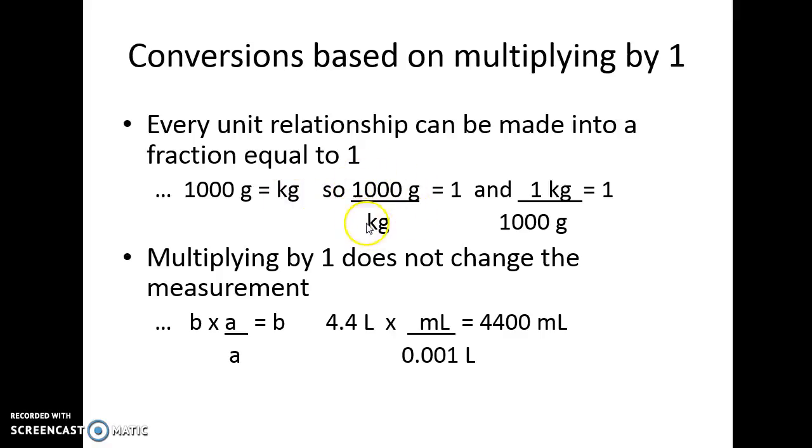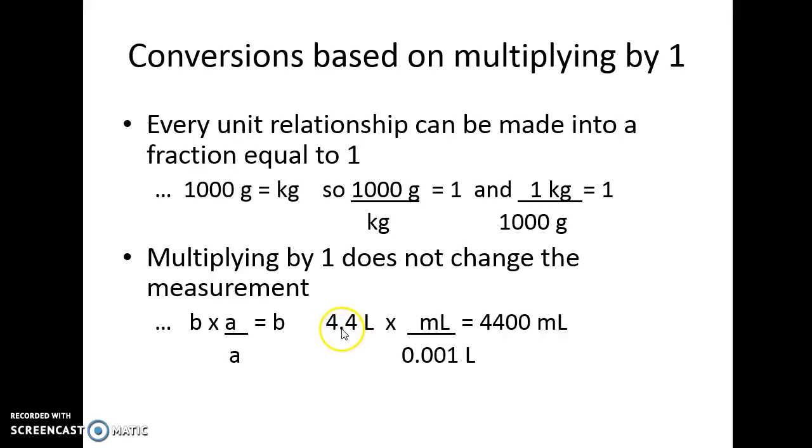Sometimes, though, we don't want it in this fashion, but we want it flipped. And we're allowed to flip it because 1 is equal to 1 divided by 1, as long as the unit and the number go together here, and they go together here. You see what I'm showing you? That number has to stay with that unit.